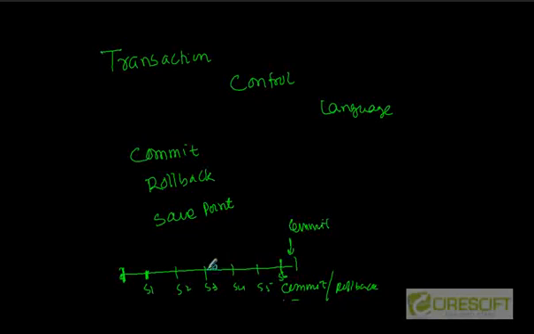If for whatever reason at step 3 we say that we cannot do step 4, step 5, step 6, then we give a statement called rollback. If you give a rollback, whatever was done in step 1, step 2, step 3, it will nullify it and go back to the database state at the time of starting.